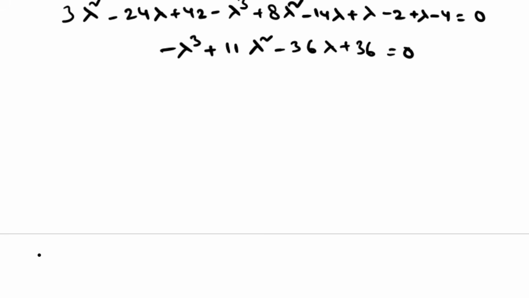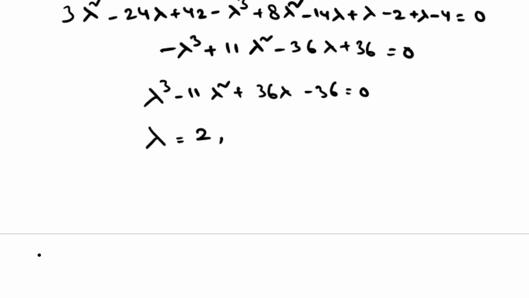Therefore lambda cube minus 11 lambda square plus 36 lambda minus 36 is equal to 0. By solving this equation, you can find the values of lambda. Lambda equals 2, 3, 6.